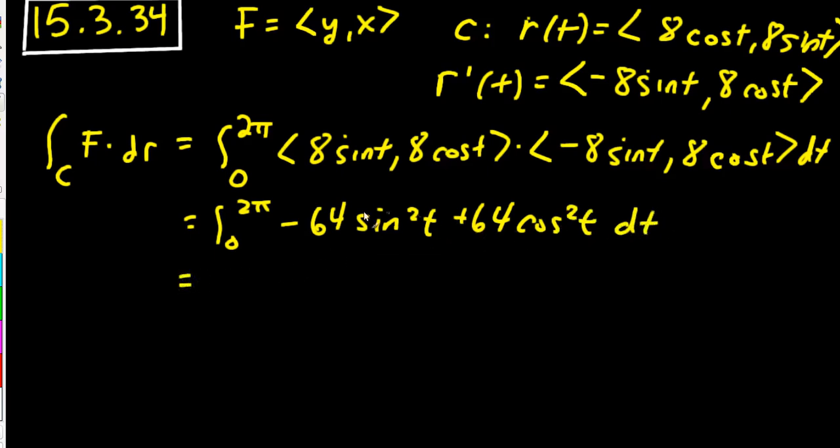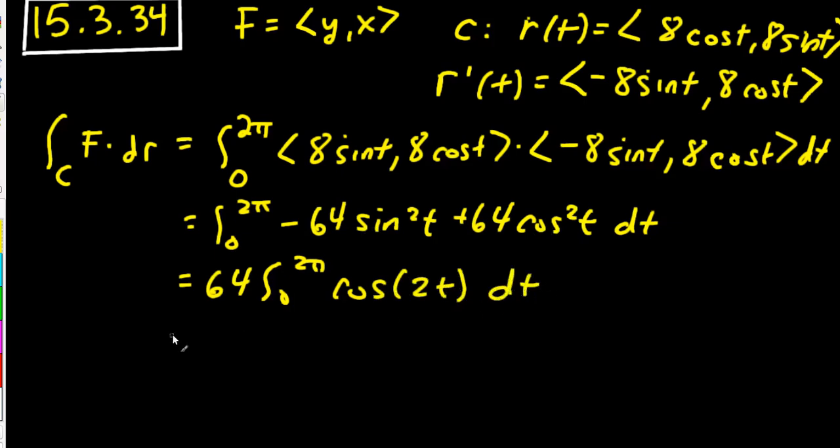And I can bring out 64 so that I'm integrating cosine squared minus sine squared. Well, if you remember your double angle formulas, cosine squared minus sine squared is the same thing as cosine 2t.